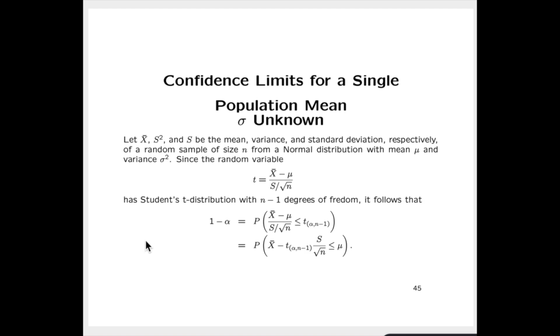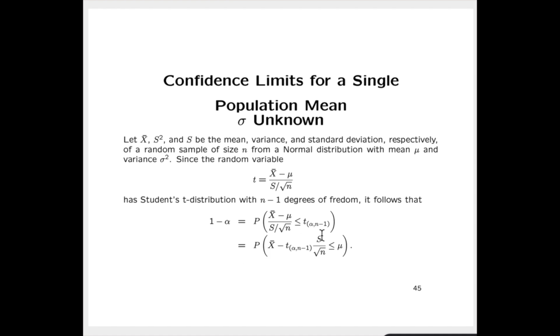Because of the definition of the upper alpha percentage point of the t-distribution with n-1 degrees of freedom, the probability that t is less than or equal to that upper alpha percentage point is 1 minus alpha. That implies the probability that x bar minus mu over s divided by the square root of n is less than or equal to that upper alpha percentage point is also 1 minus alpha.